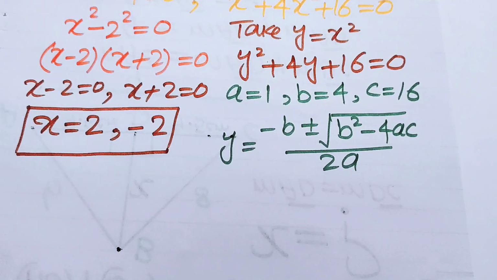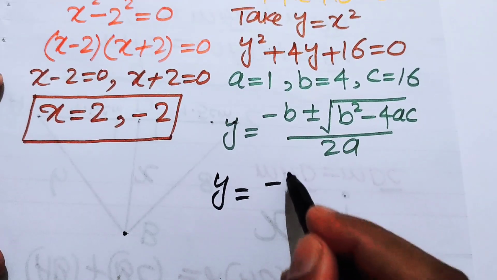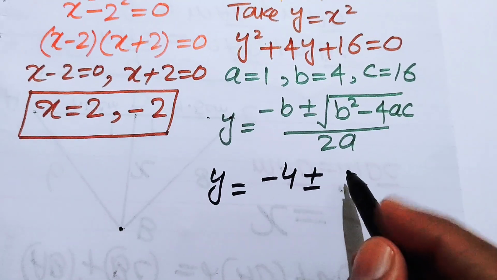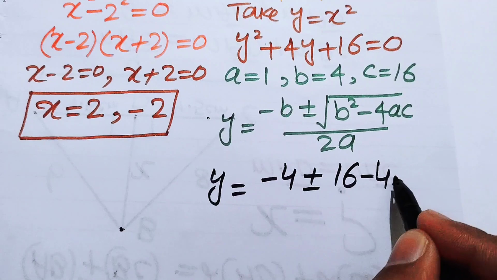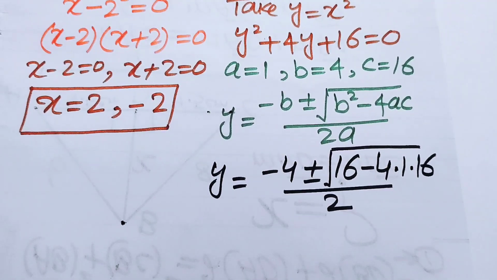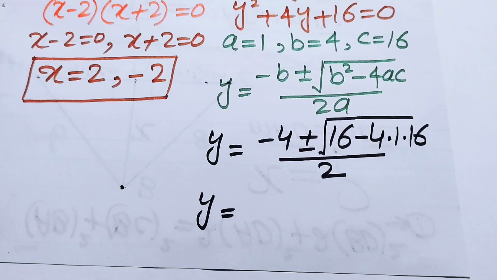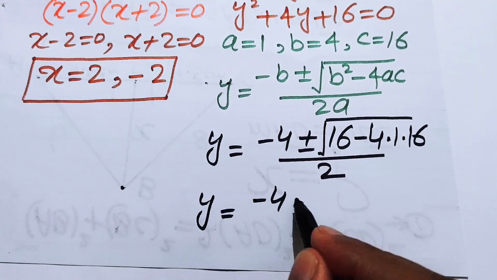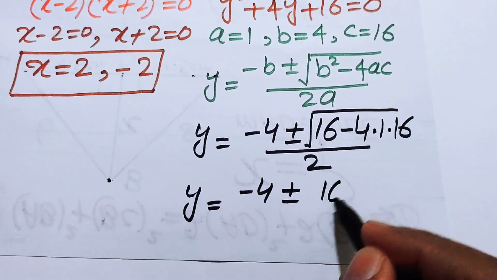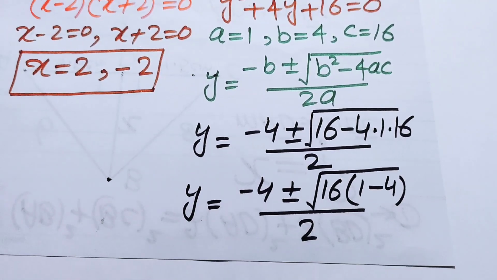Now we put all the values of a, b and c in this formula: y equals minus 4 plus minus the square root of 4 square, which is 16, minus 4 times 1 times 16, over 2 times 1. Then we simplify the terms and take 16 common in both terms, and we obtain 16 times 1 minus 4 under the square root, over 2.